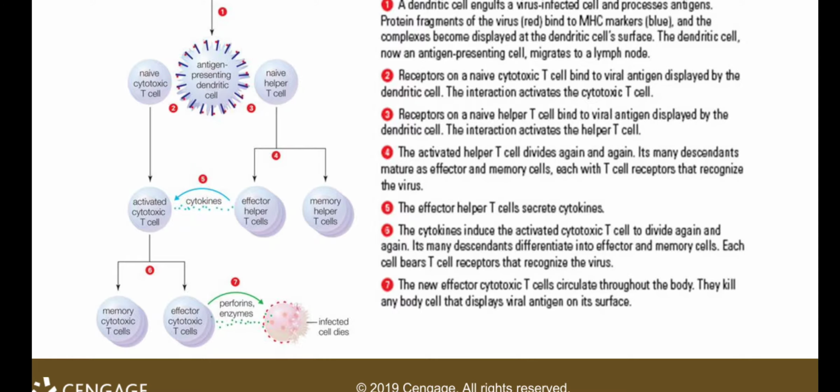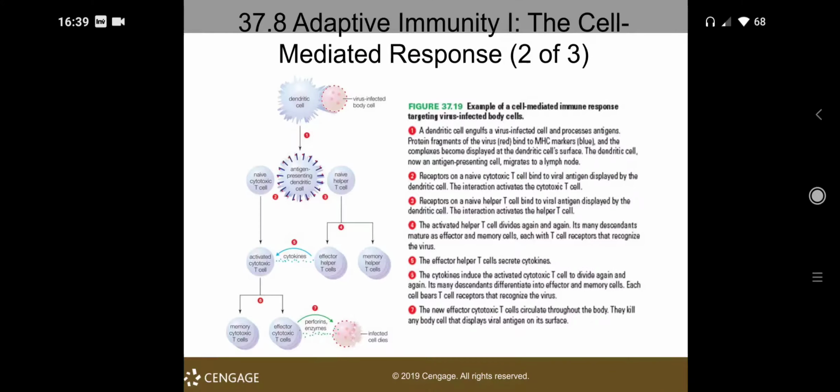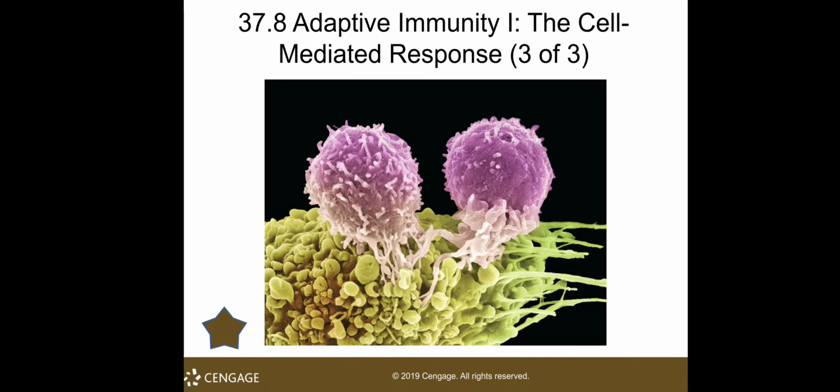So anyway, that is your cell-mediated response. Here is the dendritic cell meeting up with the naive helper T cell. So that's it for this part of the lecture. This is also the end of this part of the lecture for the adaptive immunity.